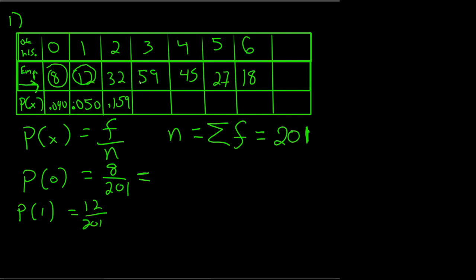59 divided by 201 is 0.294. And 45 divided by 201, oops, I'm sorry, this one was not 0.294, it was 0.224. Yep. And then 27 divided by 201 is 0.134. And then 18 divided by 201 is 0.090.